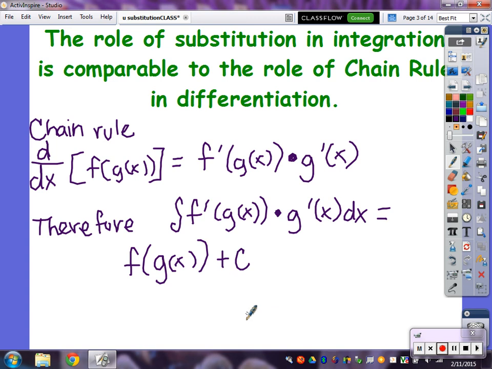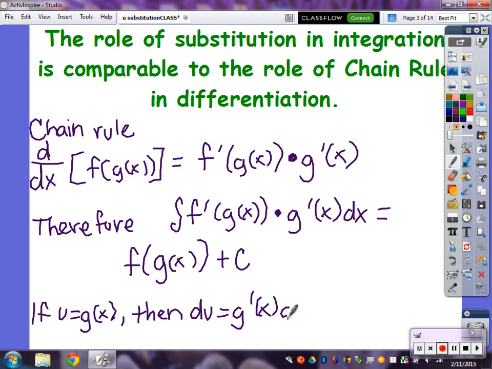And so the idea is if you were to use U substitution, let me rewrite that. If u equals g of x, then du equals g prime of x dx.